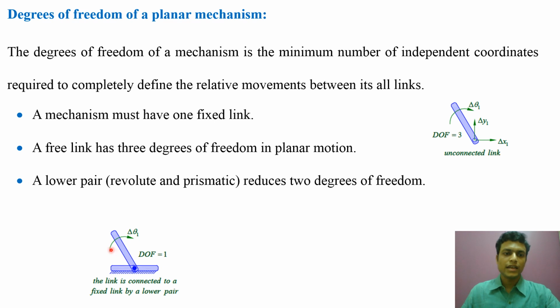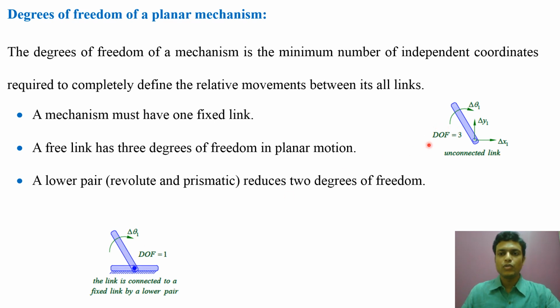Now the link can only rotate about the axis perpendicular to the plane and passing through the revolute joint. So two motions have been restricted, translation along the x direction and translation along the y direction. Now only delta theta 1 is the independent coordinate that can completely specify the motion of this link.